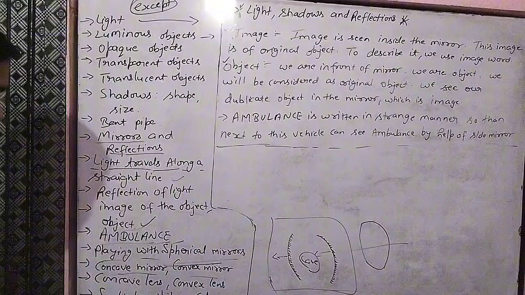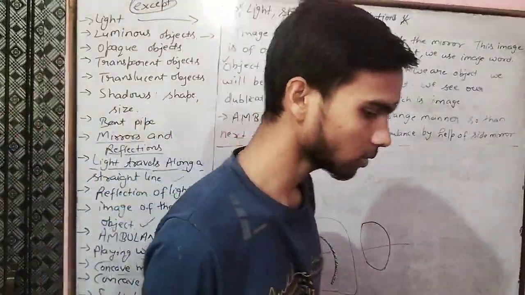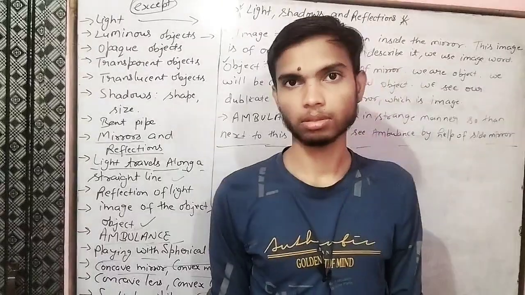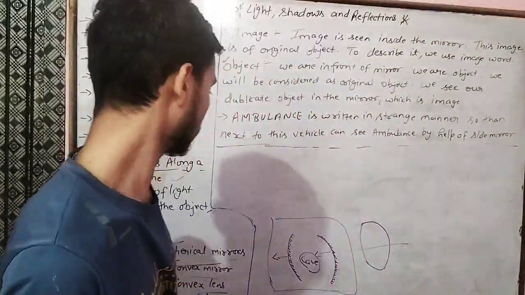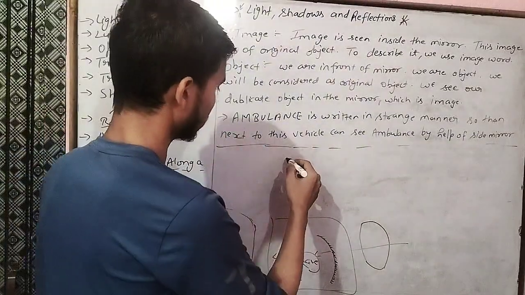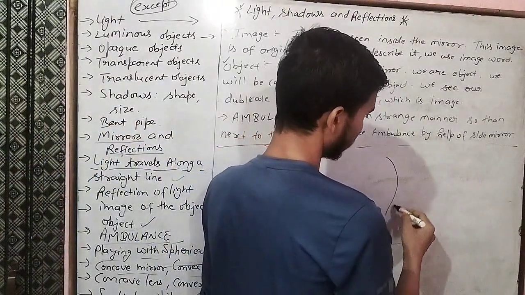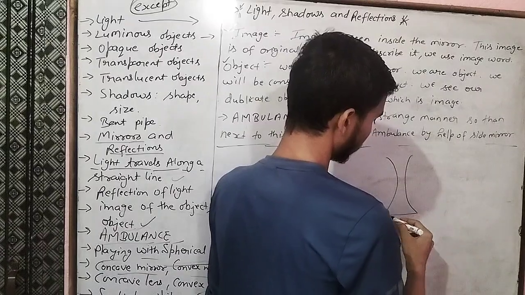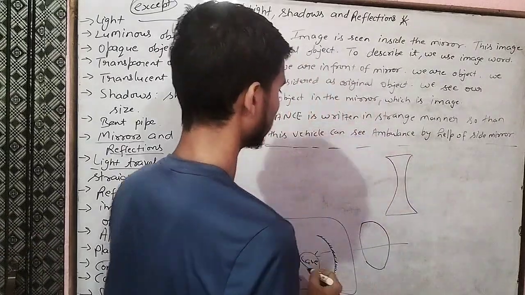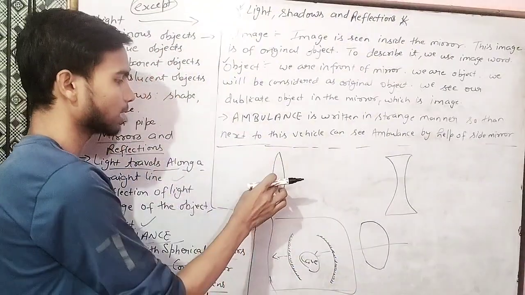So let's try to understand concave lens and convex lens. There are a lot of lenses. A concave lens is in this shape, and this is convex.